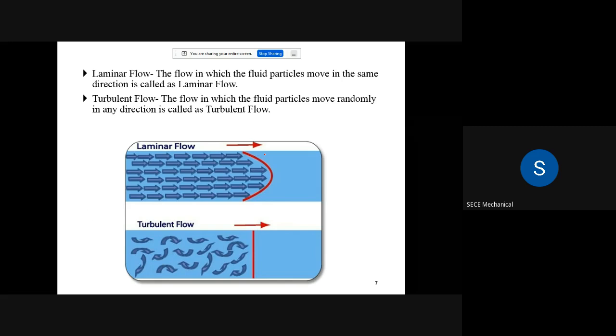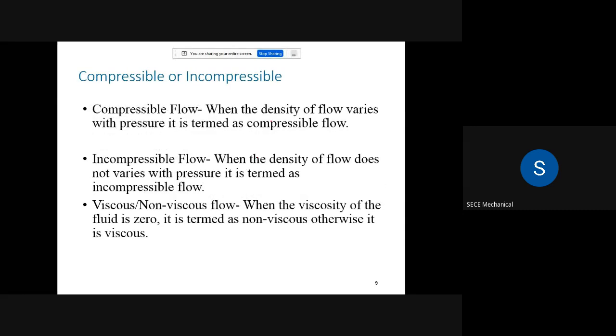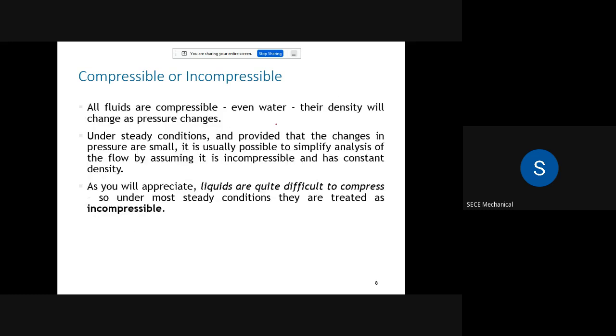Now the next one, as you know, is compressible or incompressible flow. Compressible flow is when the density of the flow varies with pressure, and incompressible flow is when the density of the flow does not change with pressure. What it means is that the density changes as the pressure changes.